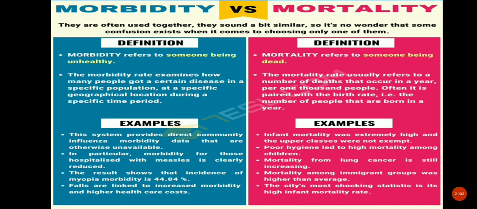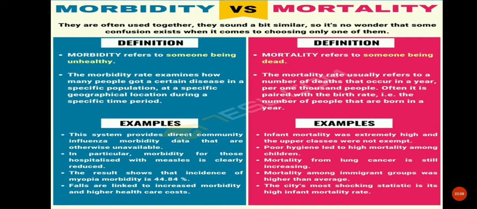For example of morbidity, the system provides data, commonly on influenza, of mortality data that are otherwise unavailable. In particular, mortality for those who are hospitalized with measles is clarified or reduced. So that's some of the examples of morbidity.